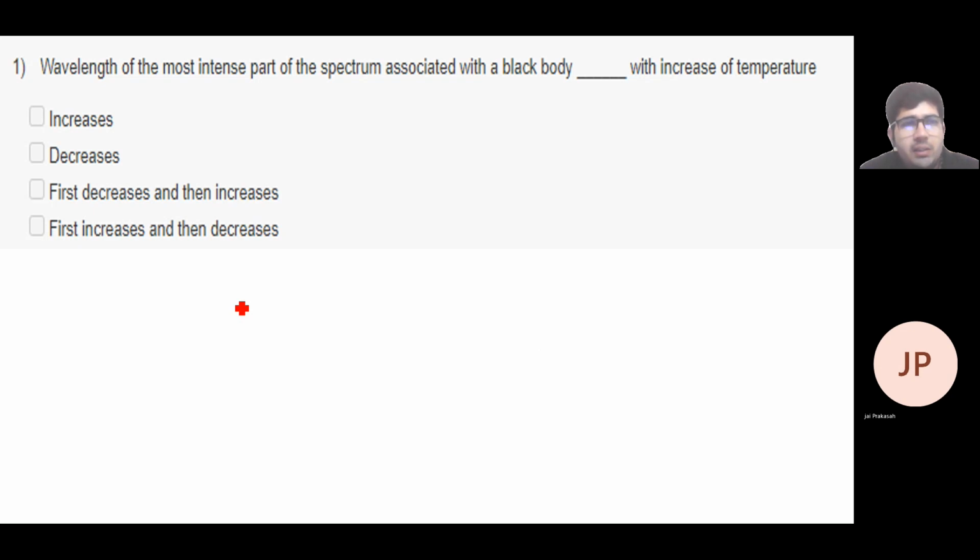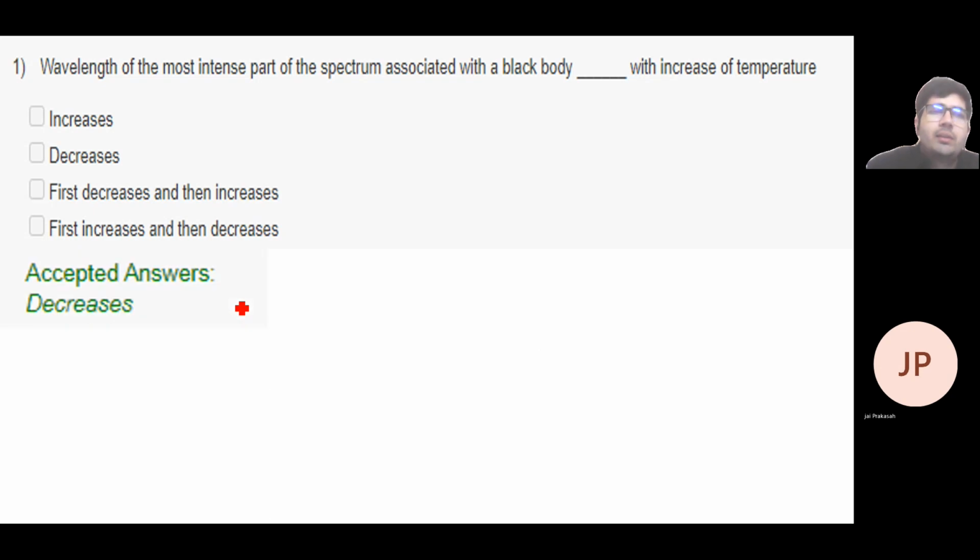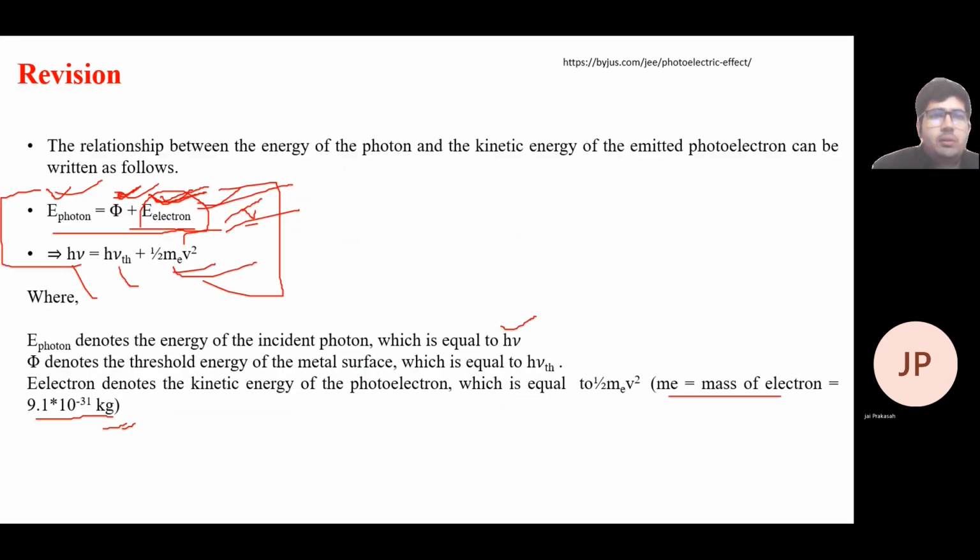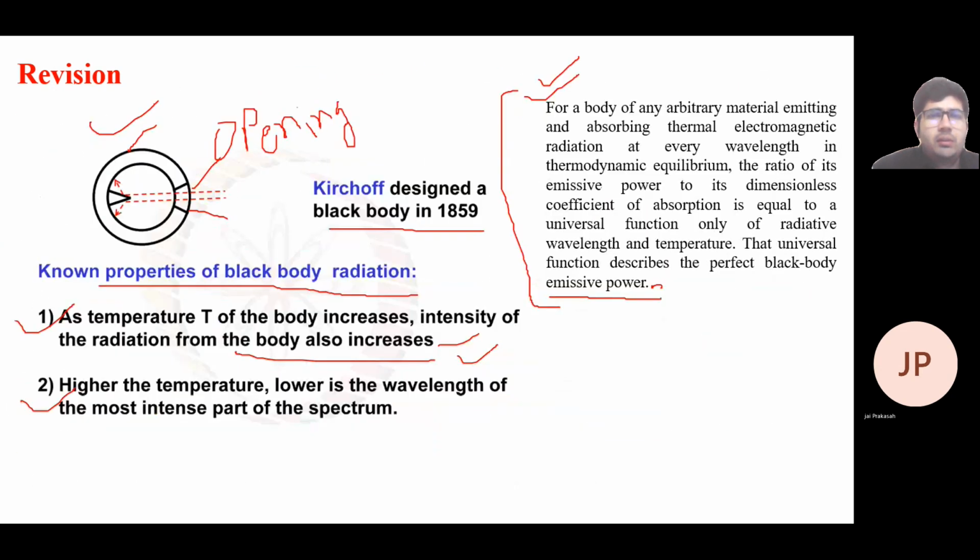So if the temperature increases, what happens to the most intense part? Does it increase, decrease, or first increase then decrease? We have seen in our previous slides that it decreases.